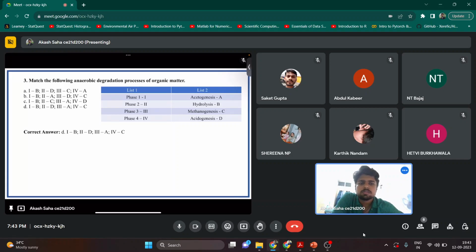So can someone tell me what is the rate limiting step in the anaerobic digestion process? Rate limiting means which takes more time or governs the kinetics of the system. Which is the most difficult process, or the rate limiting process, primarily in any anaerobic digestion?